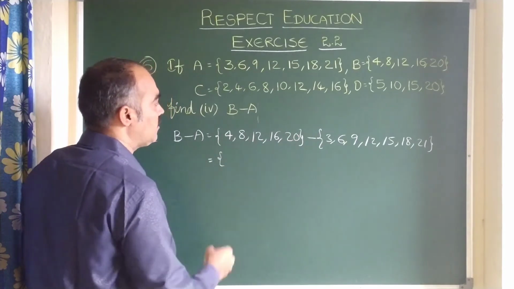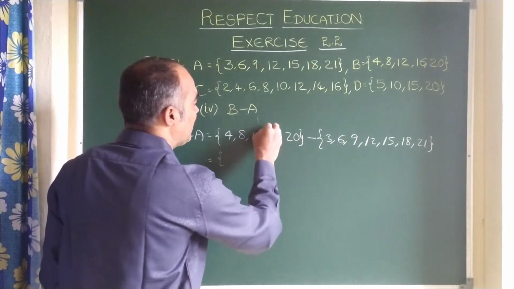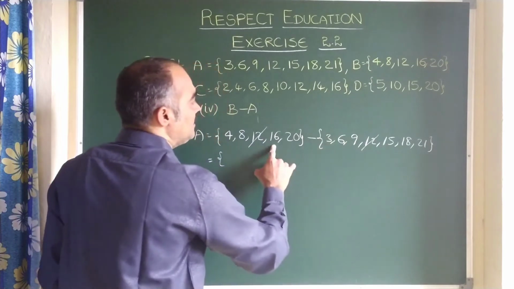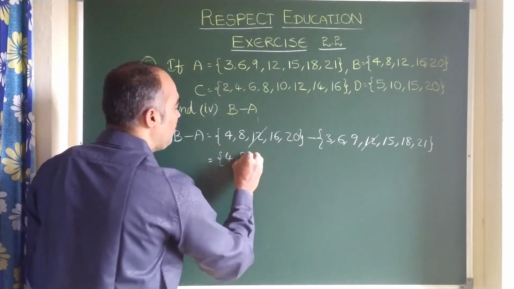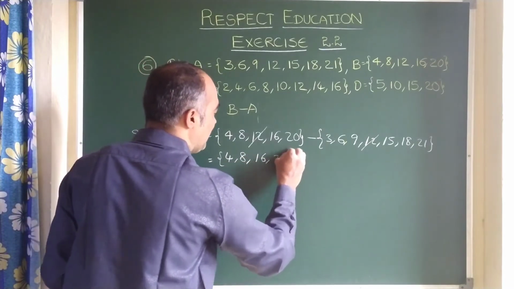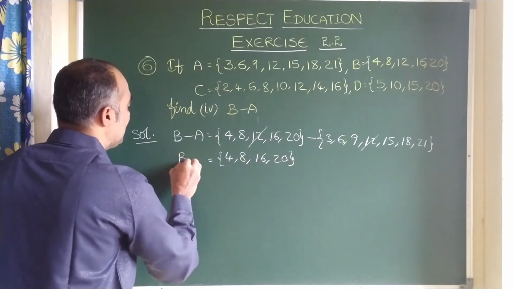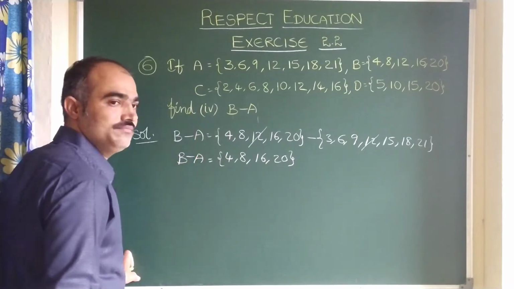Check once, is there anything in common? 4, 8, 12. So here cancel 12 and 12. 16 then 20, that's all, children. So the remaining values in set B are 4, 8, 16 and 20. This is the answer for B minus A.